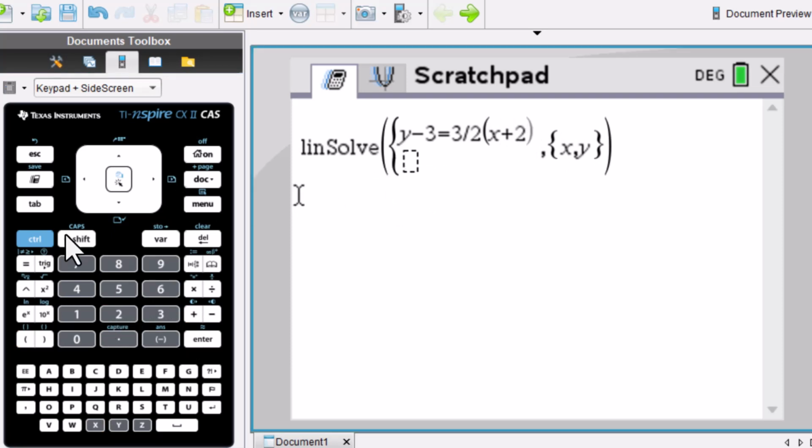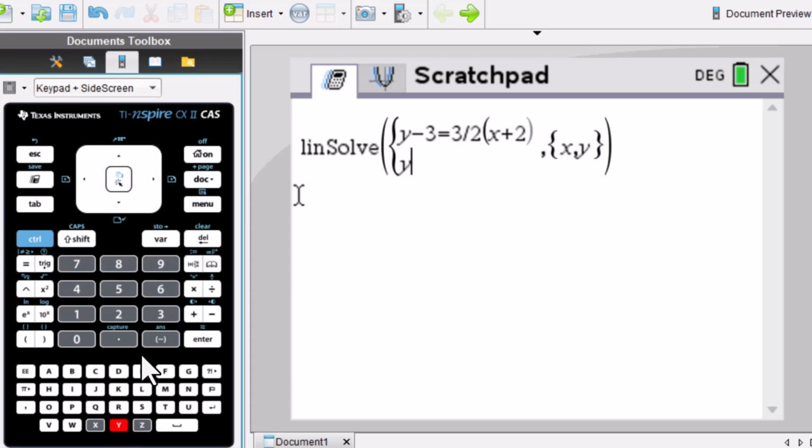For the second linear equation, y plus 2 equals negative 3 times x minus 1. Then enter.